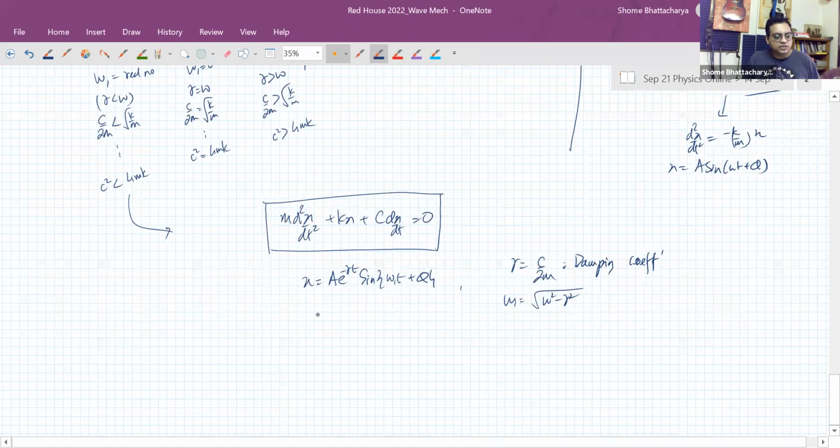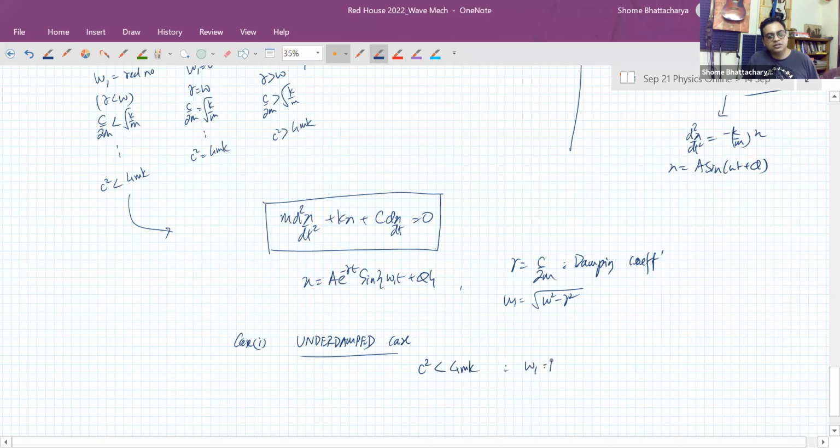So now we'll see case 1, which is called the underdamped case. In this case, omega 1 is real, c square is less than 4mk.